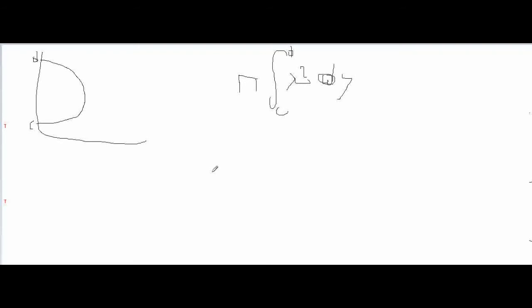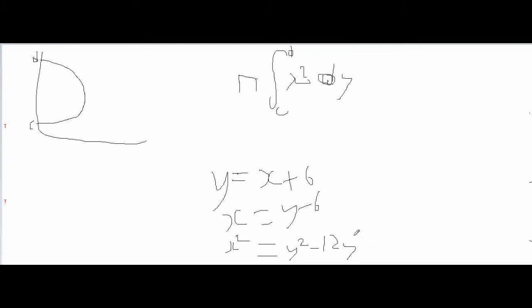So if we have a function that says y equals x plus 6, we would rewrite it as x equals y minus 6, and then say x squared is equal to y squared minus 12y plus 36.